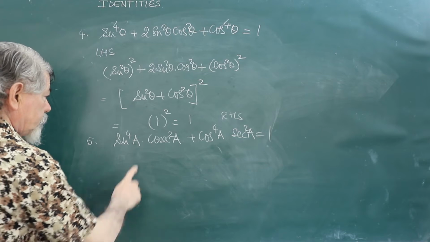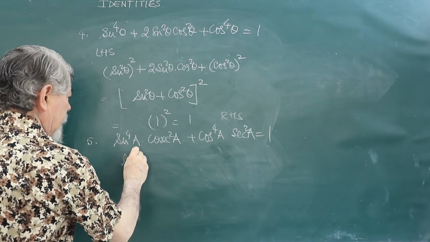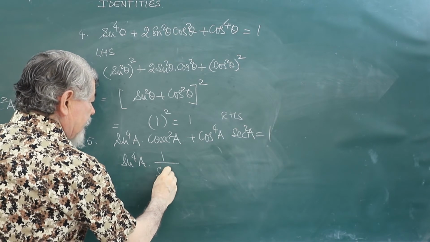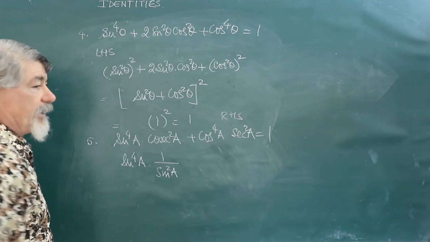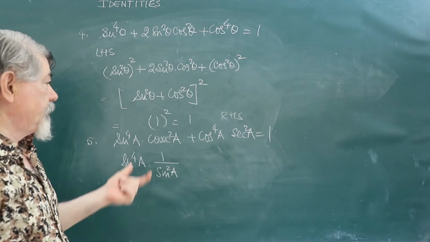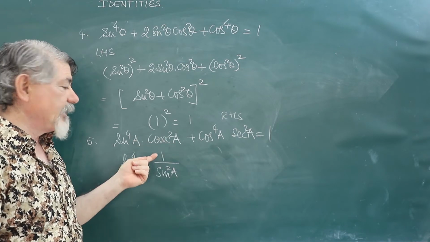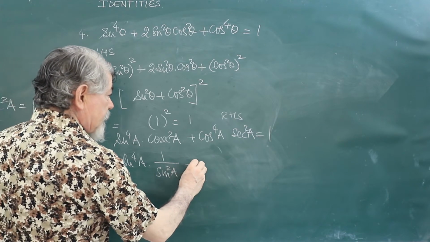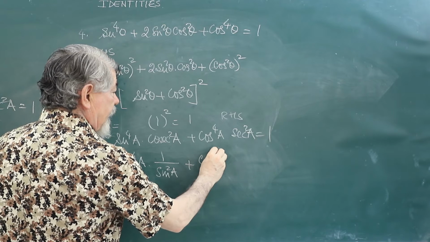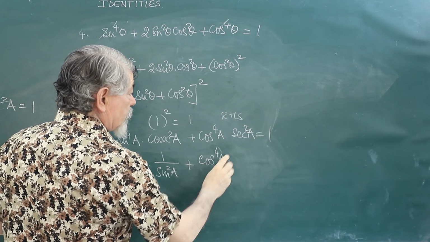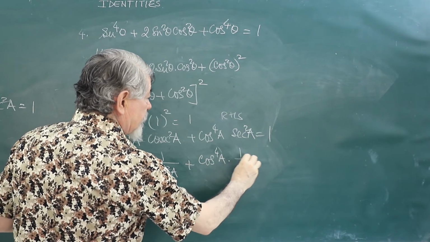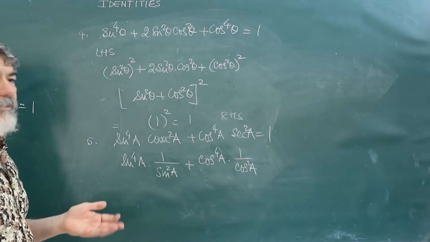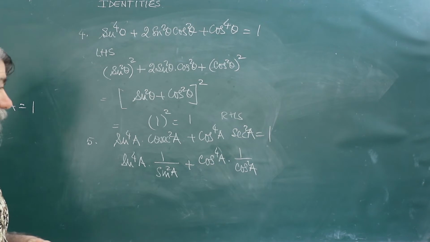Now, it is sine to the power 4a. I can write cosec square a as 1 upon sine square a, because cosec and sine are reciprocal of each other. Plus cos 4a, and sec square a I can write as 1 upon cos square a, because sec a and cos a are reciprocals of each other.